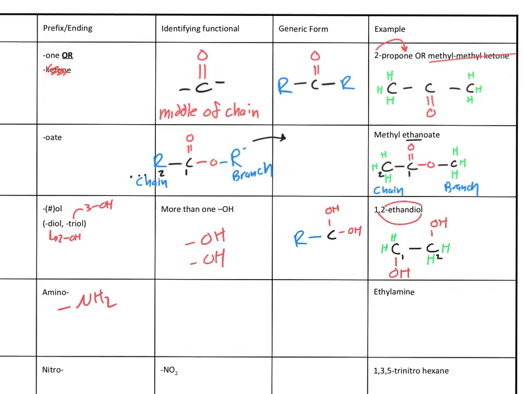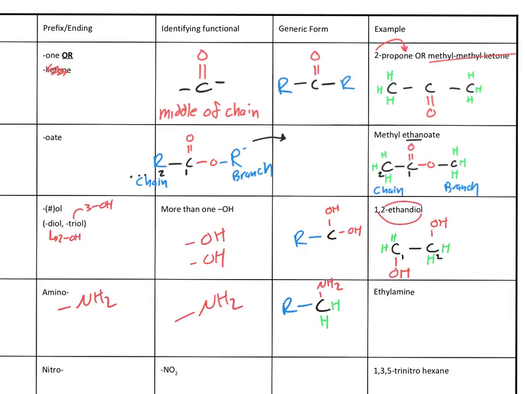So the identifying functional group here is the NH2. And then the generic form would be something like R, something like that.